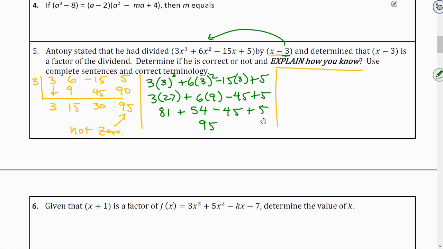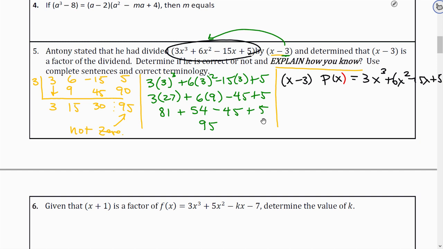The last way, maybe the simplest way, is that if it did divide, then it'd be x minus 3 times some polynomial, which would be equal to 3x cubed plus 6x squared minus 15x plus 5.